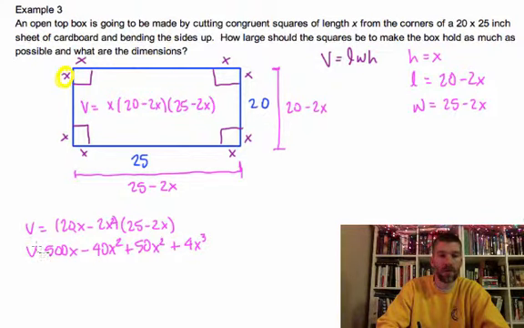So here's my volume, and when I clean this up a little bit more, I end up with 500x minus 10x squared plus 4x cubed.